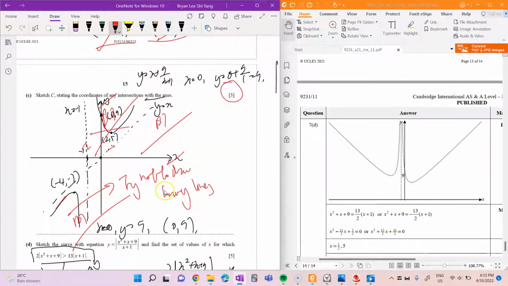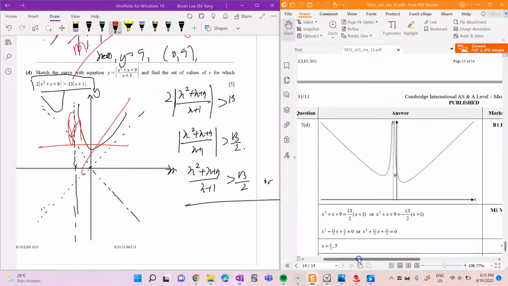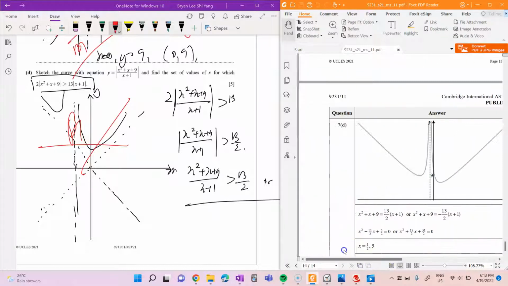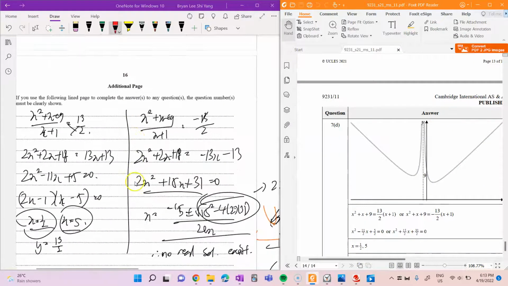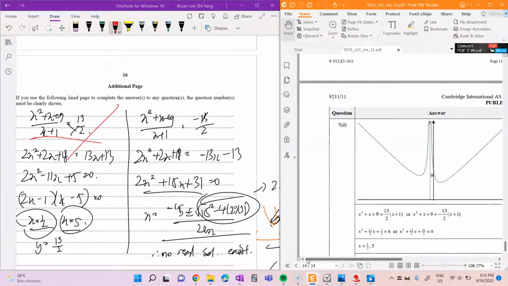Okay, so for question 7D, I reflected the whole thing up, so this looks like a B1 here. And then we have this thing. I equated this, so this would be M1 M1.